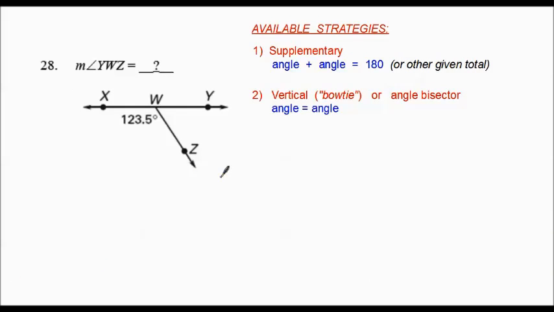In this next problem, at this point, this might seem very familiar to you. You can see that these are supplementary angles, the unknown one here and the 123.5, because their bottoms together form a 180 degree angle. Then we know that the strategy is just to do 180 minus the 123.5, which should equal this missing angle right here.